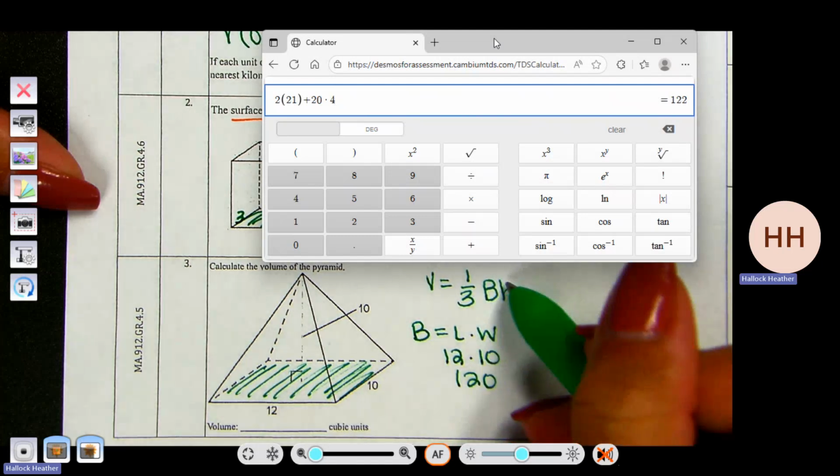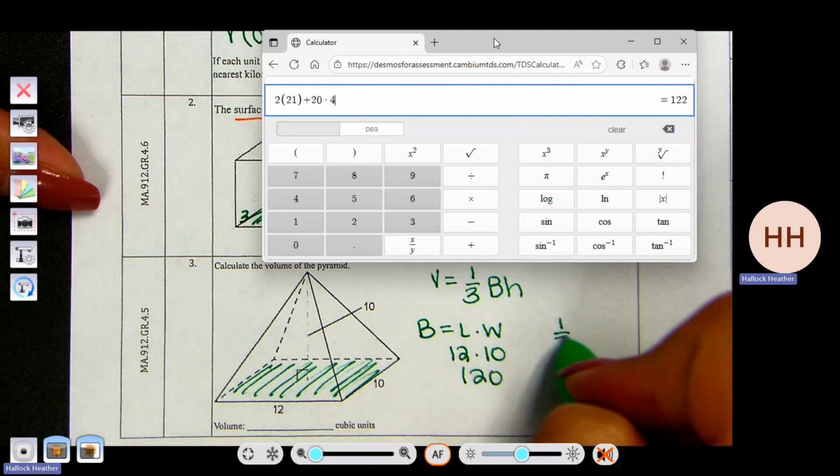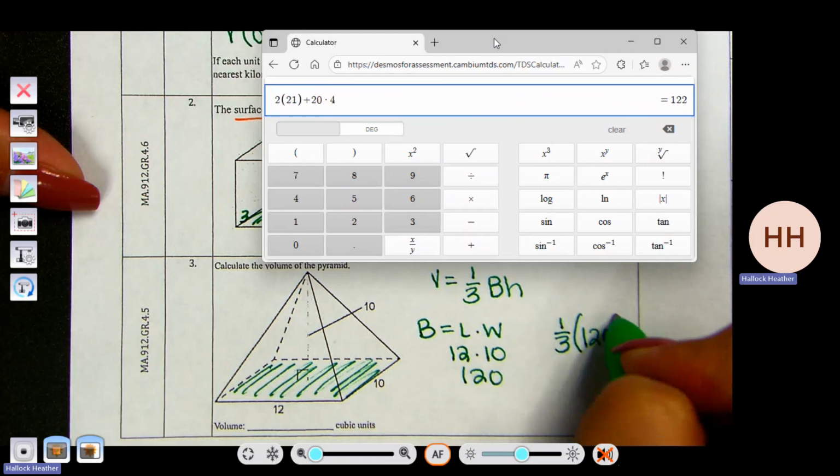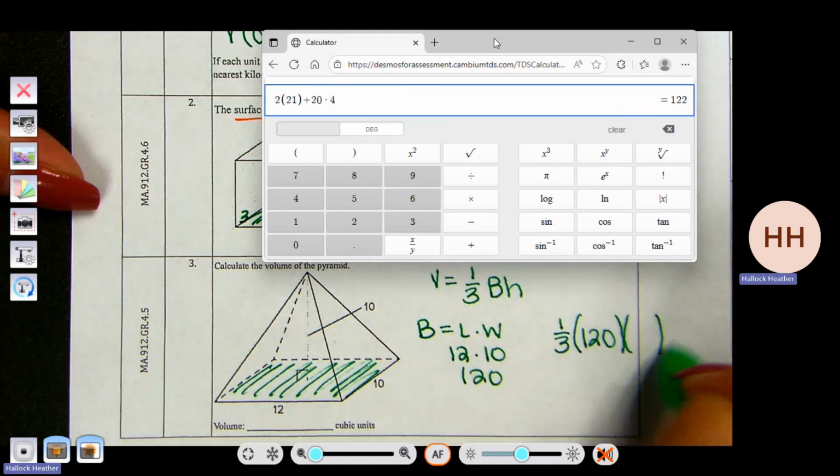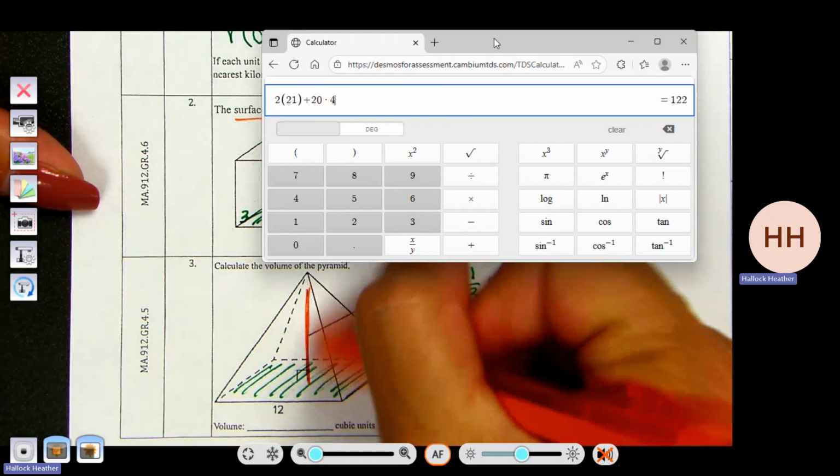And then I'm plugging that back in. So I'm doing 1/3 times 120, which is big B, and I'm multiplying by the height. The height in my picture is 10.